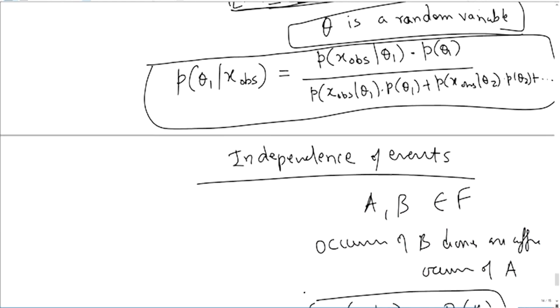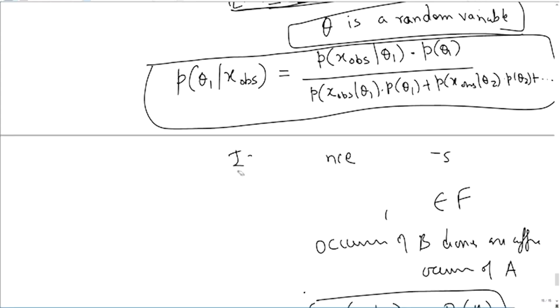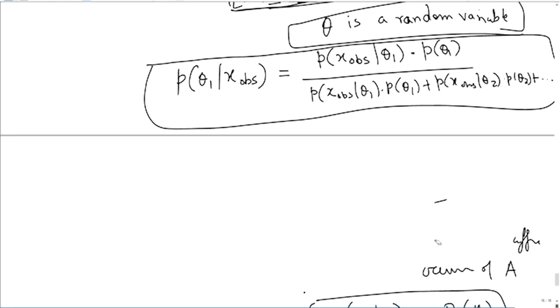What we are inferring here is that this term is actually your likelihood function.